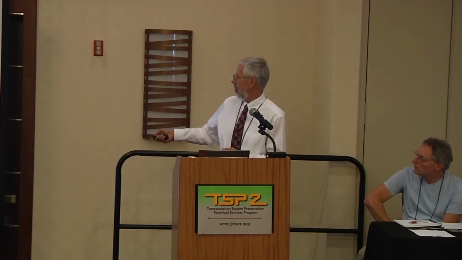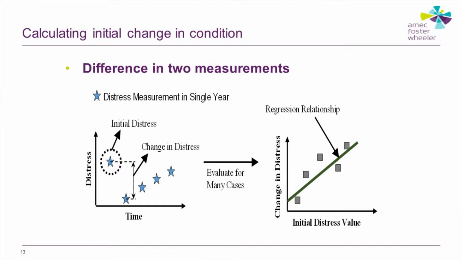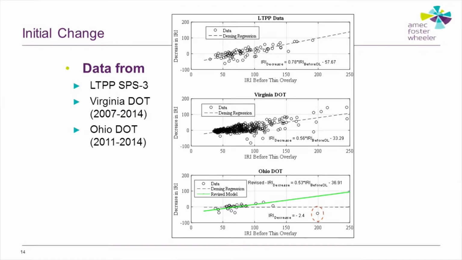And that's for one pavement segment. For all pavement segments within a combination of performance measure and treatment, we basically plotted those data. We developed a regression, which is what you're looking at here, to look at the change in the distress as a function of the initial condition of the pavement. And actually, let me go to the next slide, which shows exactly the same thing, but looking at real data.